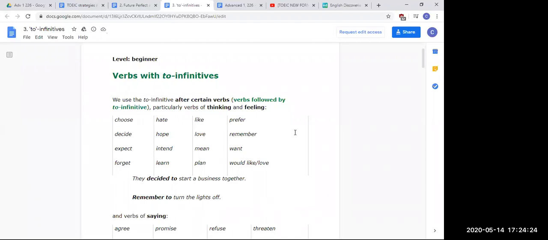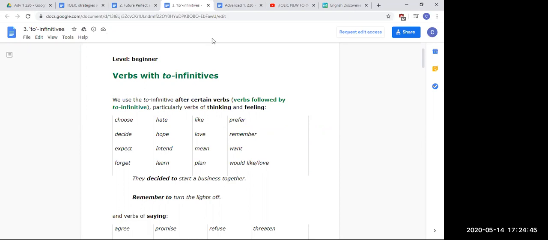So you know that sometimes when we use two verbs together, we need to join them with "to." Sometimes we use a gerund, sometimes we use the infinitive. That's the "to" form of the verb.